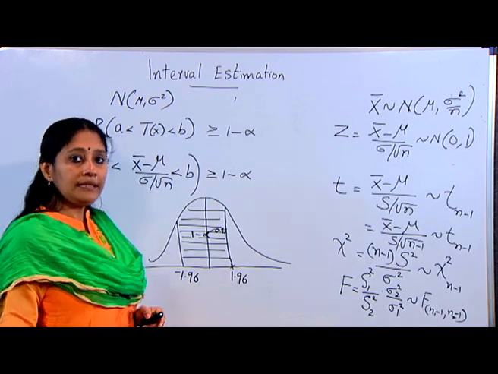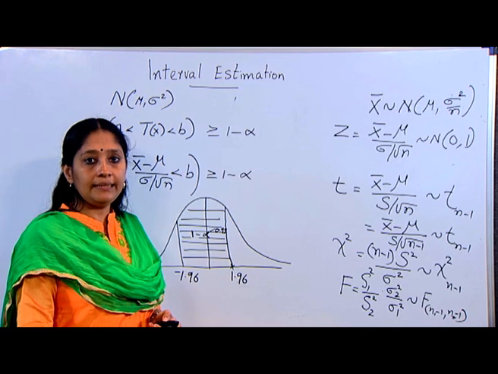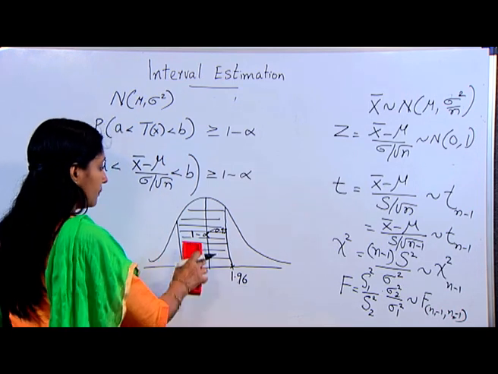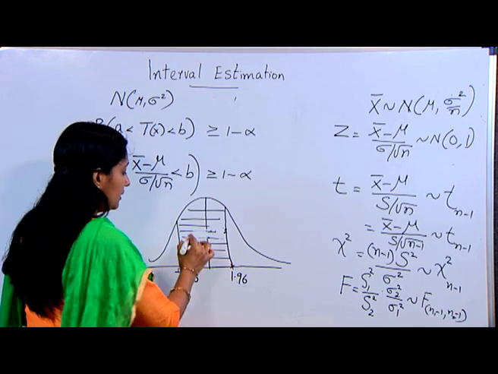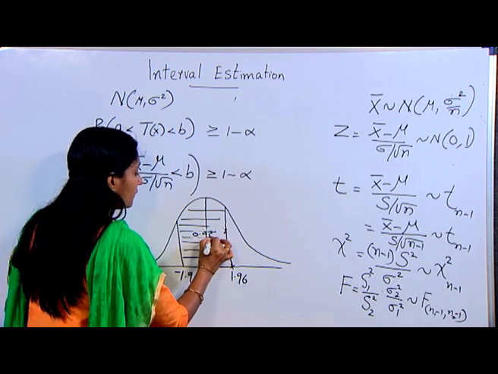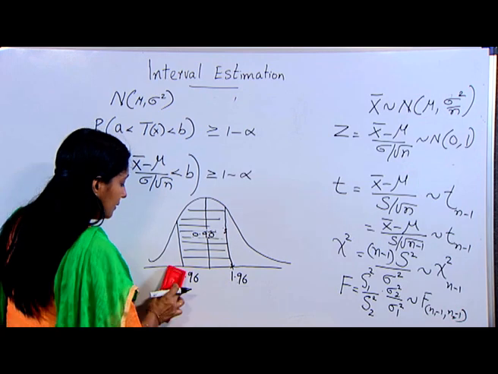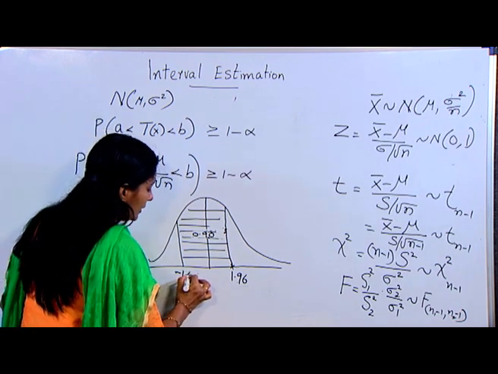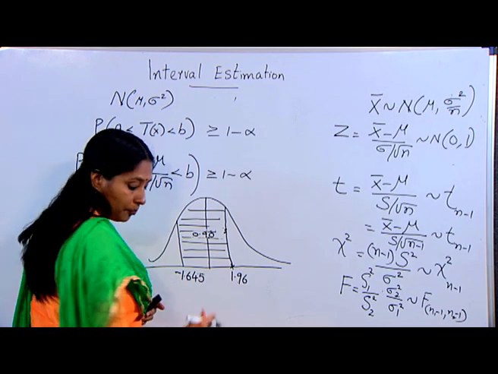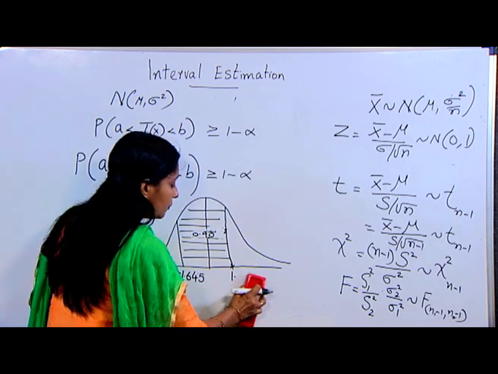Similarly, for a 90% confidence interval, this area is 0.90, and these 2 points will be minus 1.645 and plus 1.645.